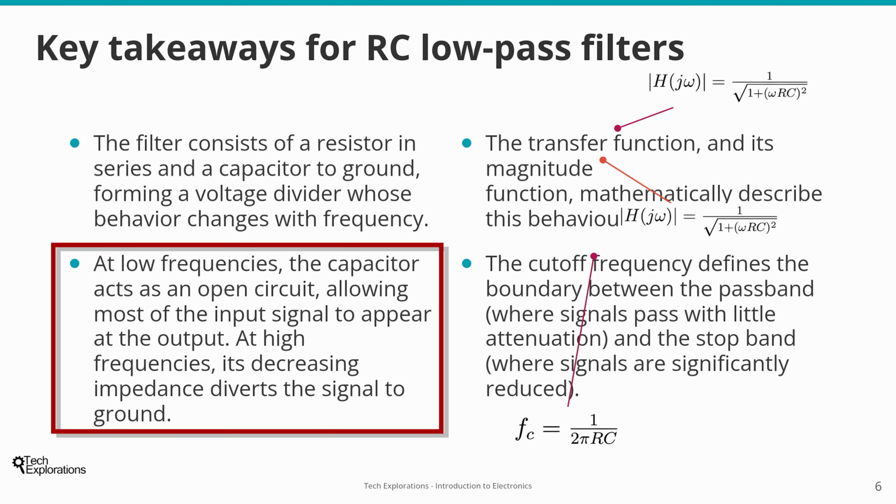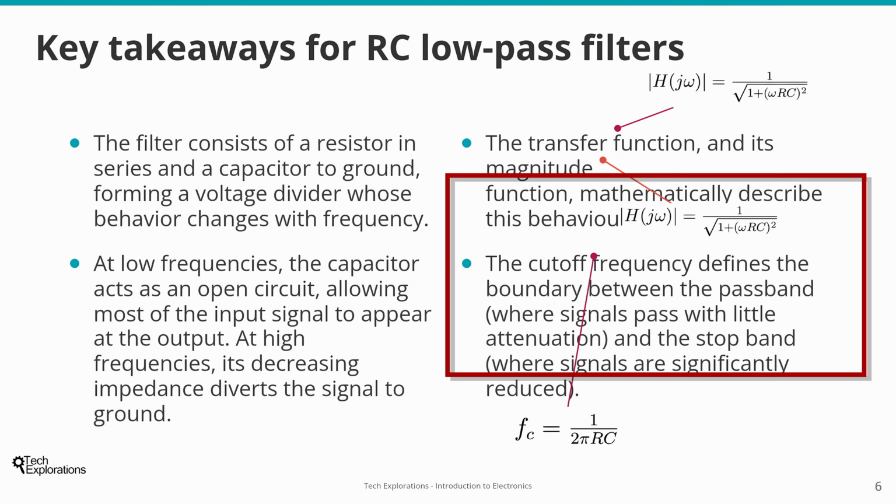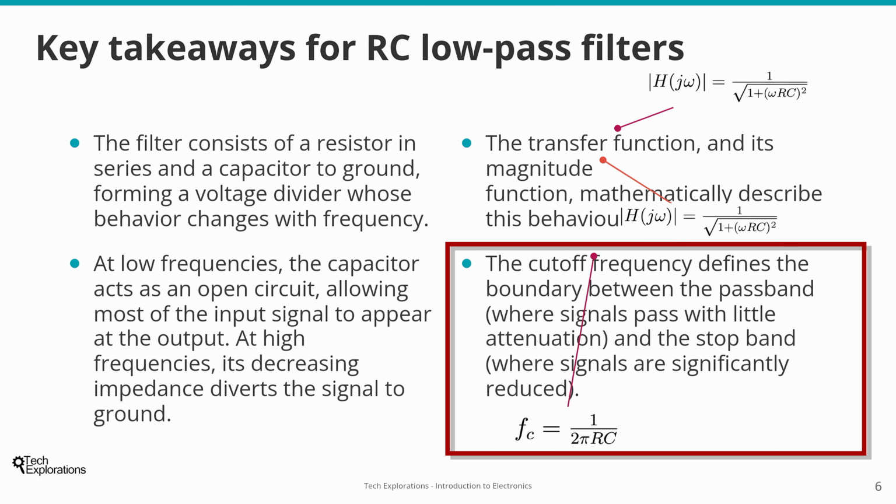But at higher frequencies, its decreasing impedance diverts the signal to ground. The transfer function and its magnitude mathematically describe this behavior. The cutoff frequency defines the boundary between the pass band, where the signal passes with little attenuation, and the stop band, where the signals are significantly reduced.